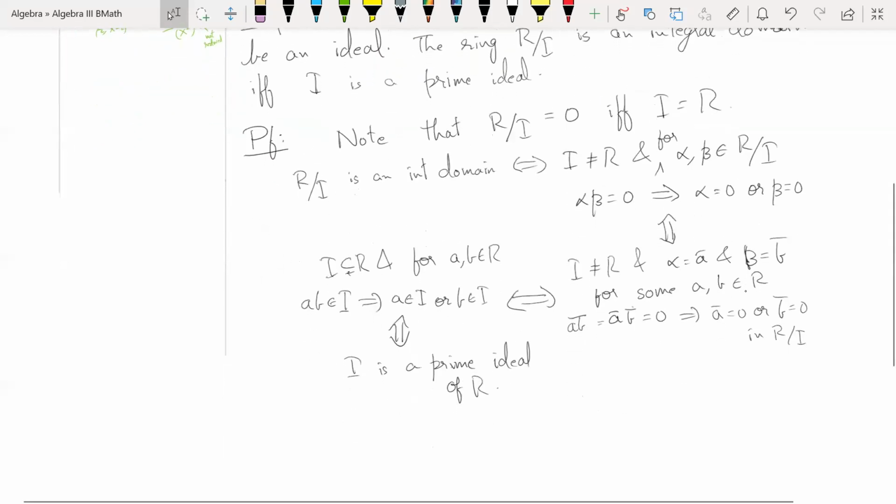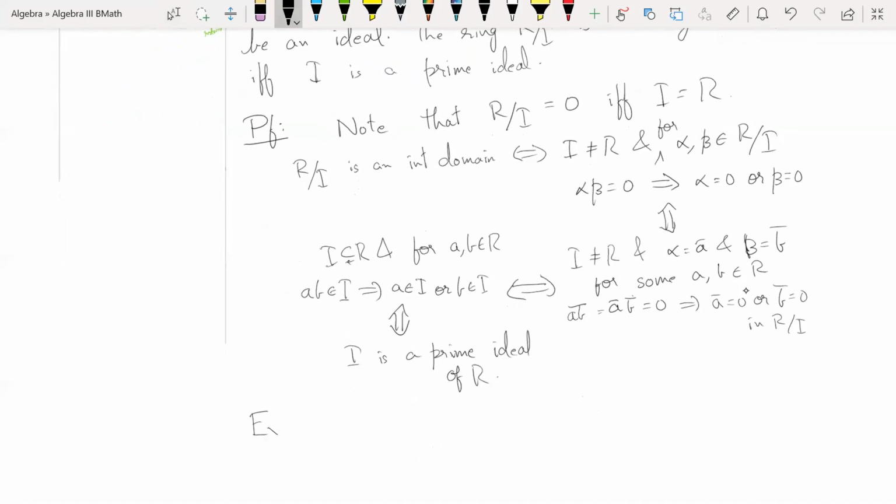The ideal pZ[x] is a prime ideal of Z[x] if p is a prime number.